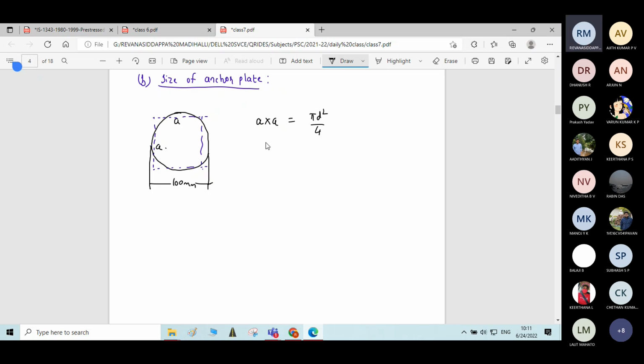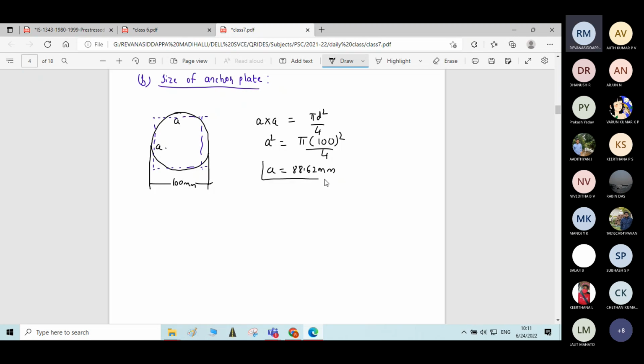Therefore, a square is equal to pi into 100 square by 4. If you solve, we get a as 88.62 millimeter.